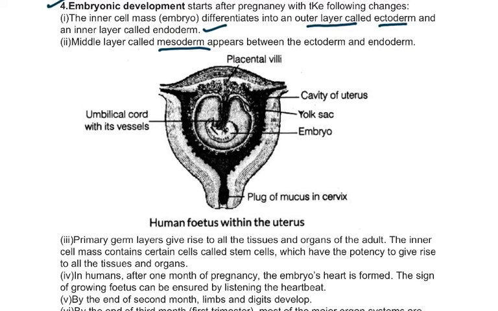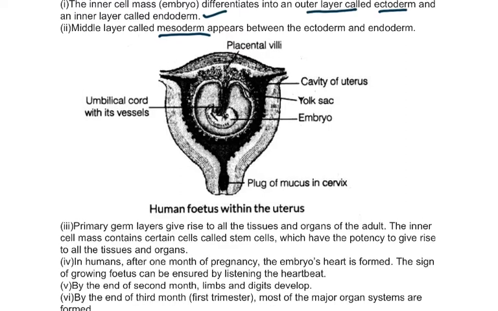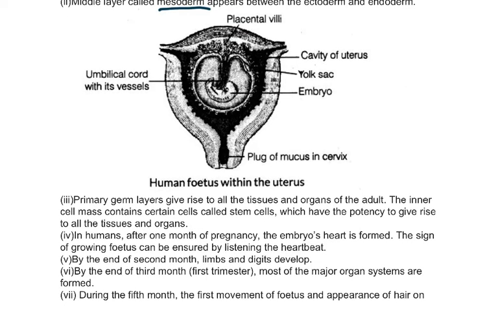So three germ layers are formed initially. These three germ layers give rise to the different types of tissues and organs in the fetus and in the adult. These layers formed from the inner cell mass are also called stem cells, and have the potency to give rise to all the tissues and organs within the human.